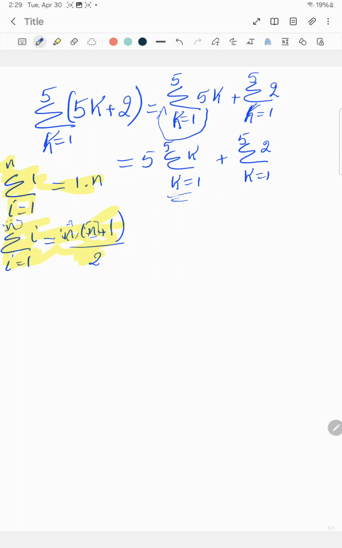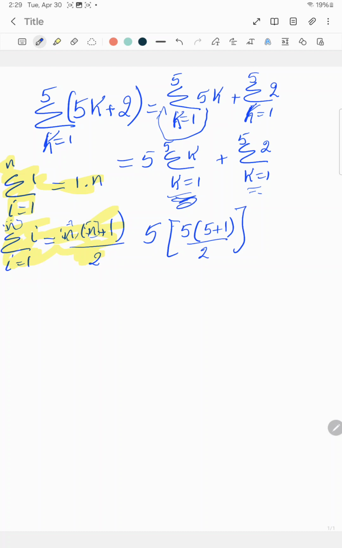Okay, so if I take the first one, I will have 5 times, and there I had n, here I have 5, so it becomes 5 times 5 plus 1 divided by 2.